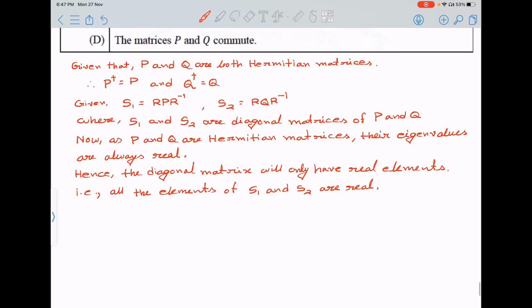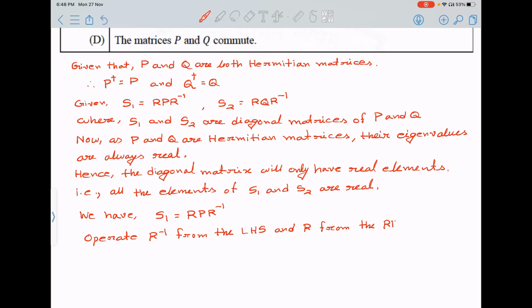Now we have S1 equals R P R inverse. So let us operate R inverse from the left hand side and R on the right hand side.